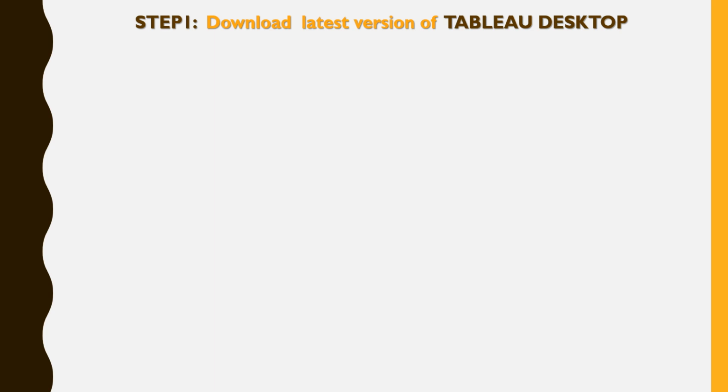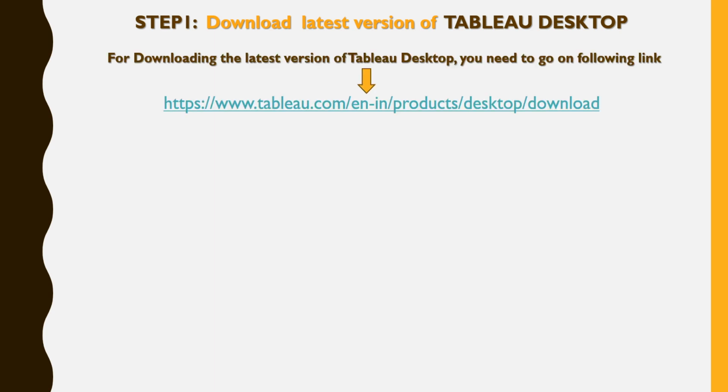To download the latest version of Tableau Desktop, you need to go to the following link. This link will automatically download the latest version of Tableau Desktop on your laptop. While clicking on it, it will be directly downloaded on your laptop.